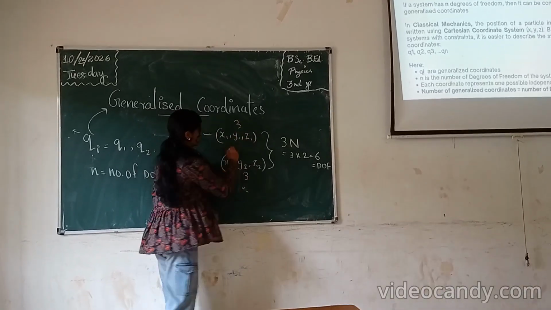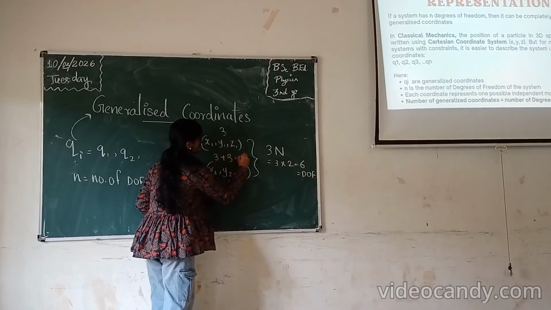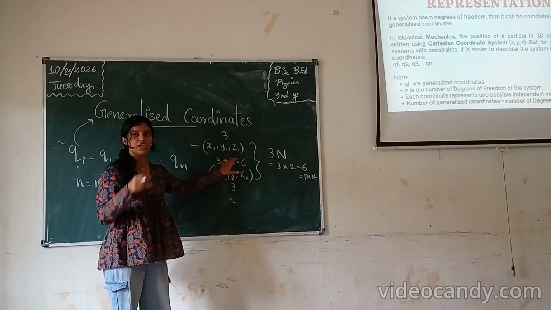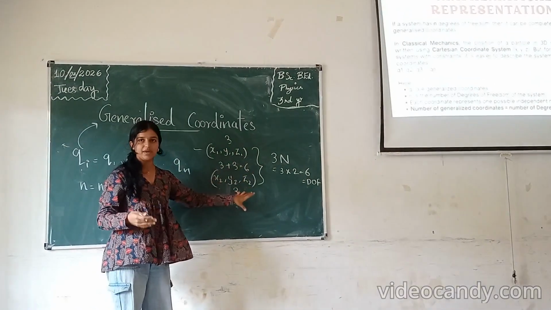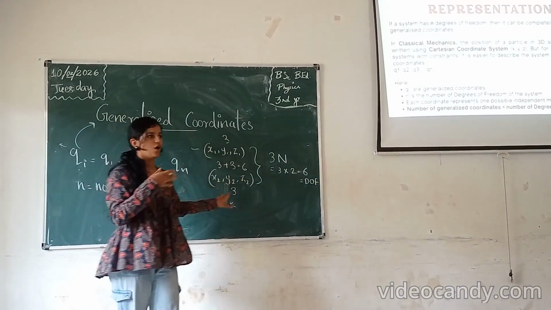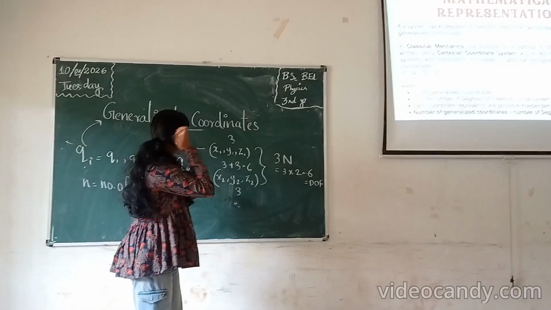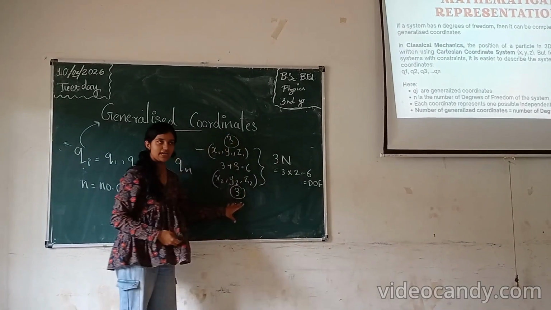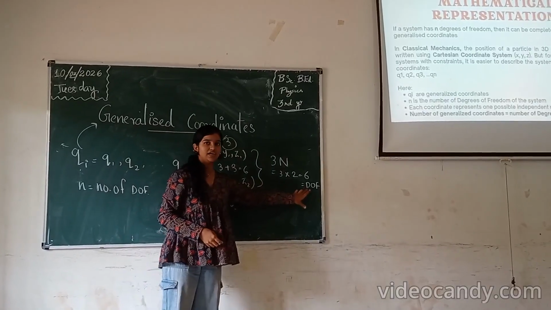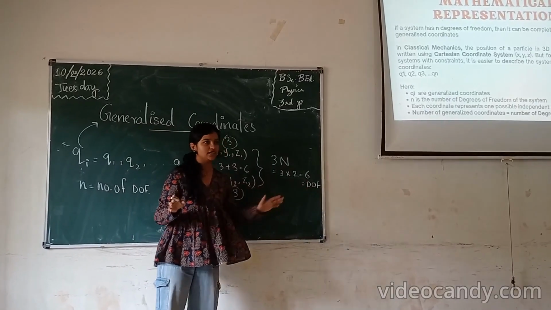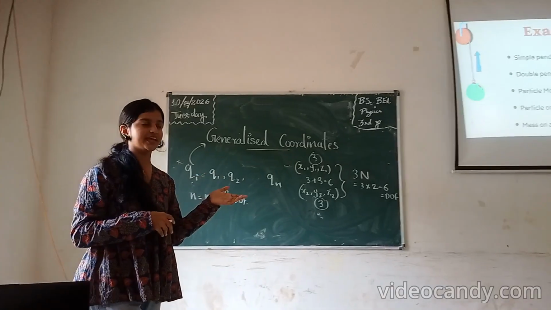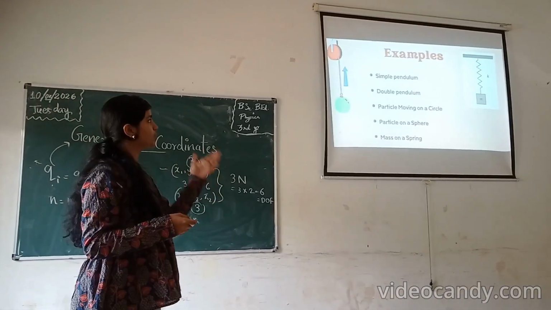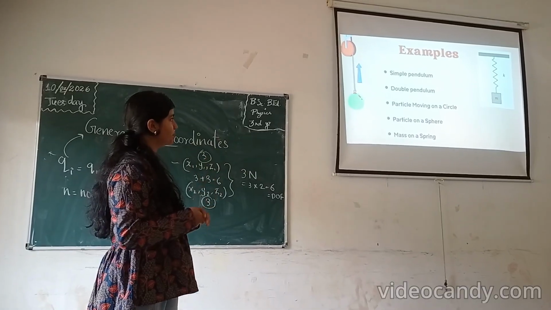So 3 plus 3, 6 generalized coordinates, which are 6 independent parameters used to find the position or configuration. So we can say that the number of generalized coordinates equals the number of degrees of freedom. Are you clear? Regarding the properties, we can see examples which include simple pendulum, double pendulum, particle moving on a circle, particle on a sphere and mass on a spring.